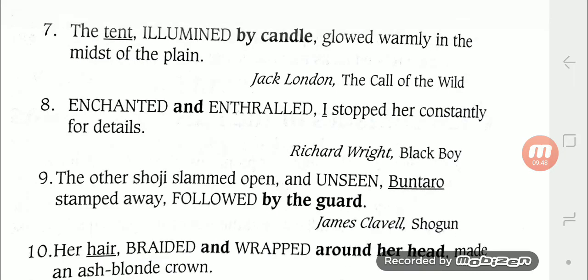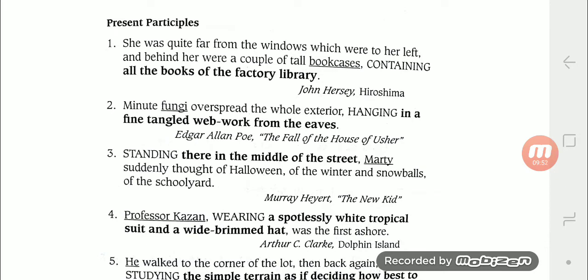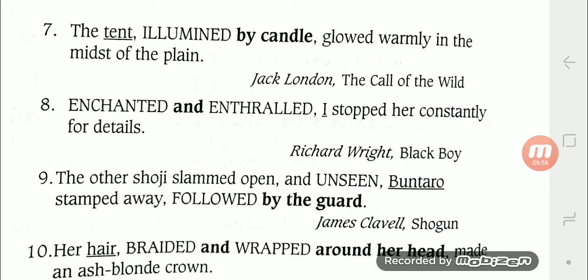This doesn't just work with -ing words. These are present participles, things happening in the present. You can also do it for things happening in the past. So a slight variation would be -ed words, which have the same structure. They're basically a verb that has had an -ed added to make a phrase. So: The tent, illumined by candle, glowed warmly in the midst of the plain.